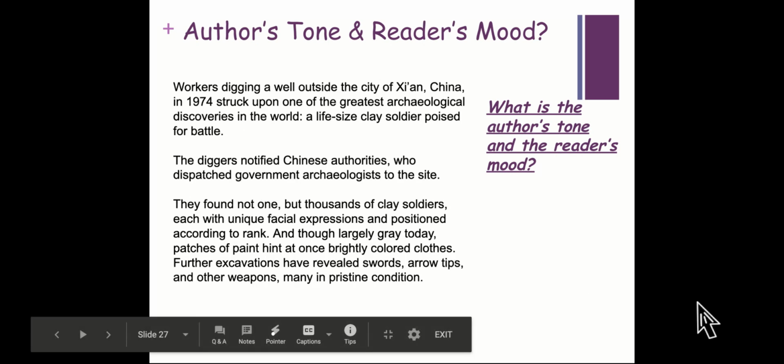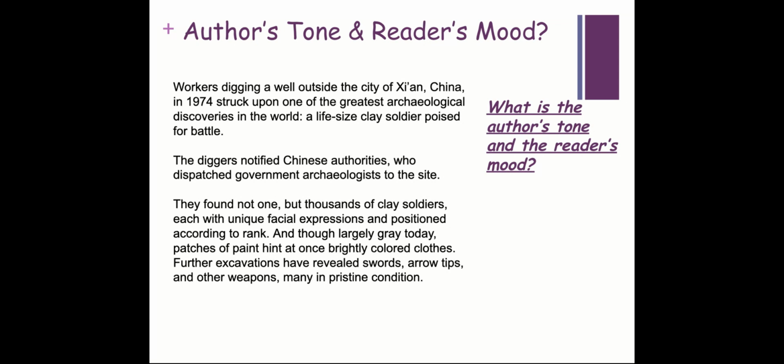Let's look at another one together. Workers digging a well outside the city of Xi'an, China, in 1974 struck upon one of the greatest archaeological discoveries in the world, a life-size clay soldier poised for battle. The diggers notified Chinese authorities who dispatched government archaeologists to the site.